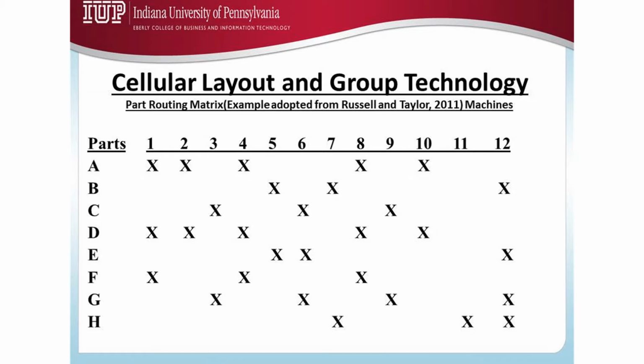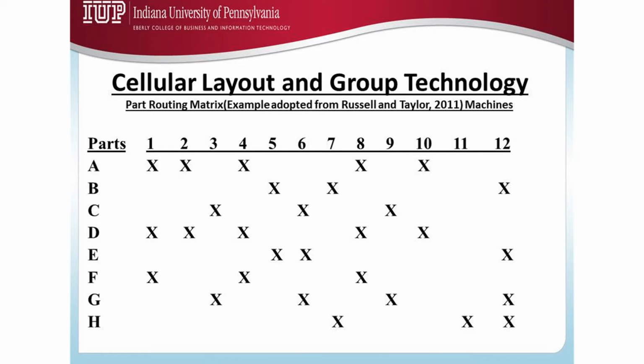How does it work? Let us look at this simple example, which I've adopted from Russell and Taylor. What you see here is a matrix which is showing there are A through H, 8 parts, and each of these parts require different kinds of processes or machines, some kind of different processing activity, 1 through 12.